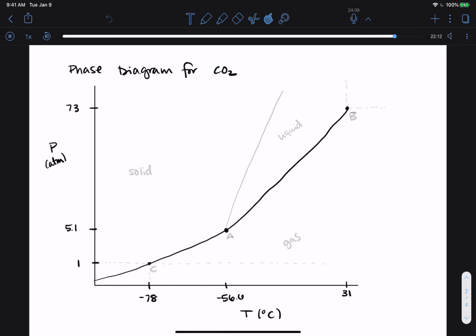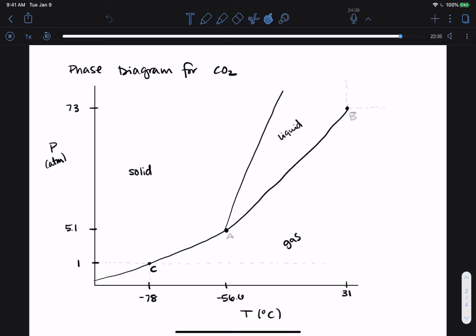Sorry, that's a little bit wobbly. And then out of here, I have this line. So I still have solid in this section to the left, liquid in this middle part, and gas or vapor down here.